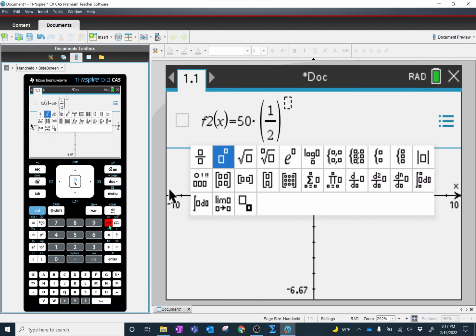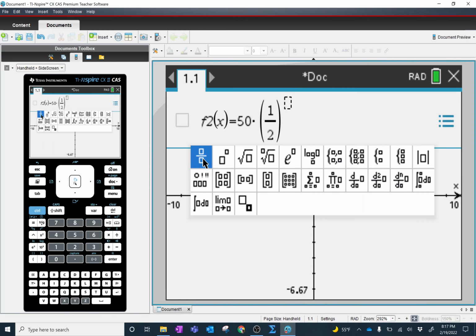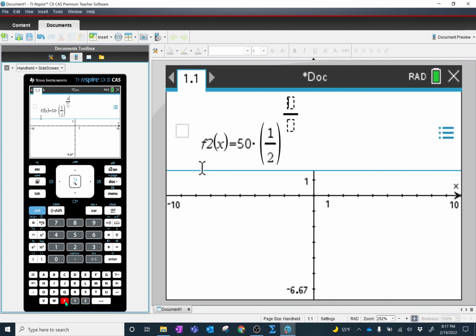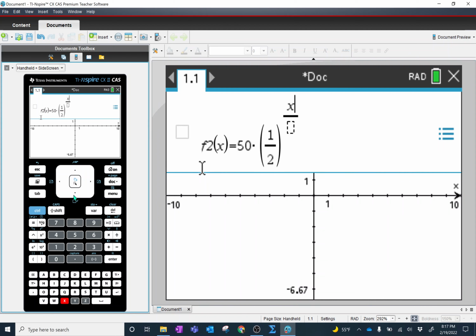So let's put a fraction here. Great. And it says T, but we can't use the T's down there. The calculator sees them as letters. We need to use one of these gray ones. These are variables. So let's put the X in there. That's the one I would like to use. And then it's over 64.